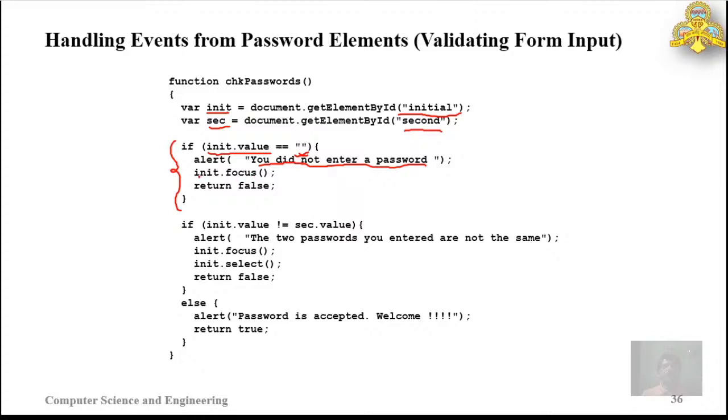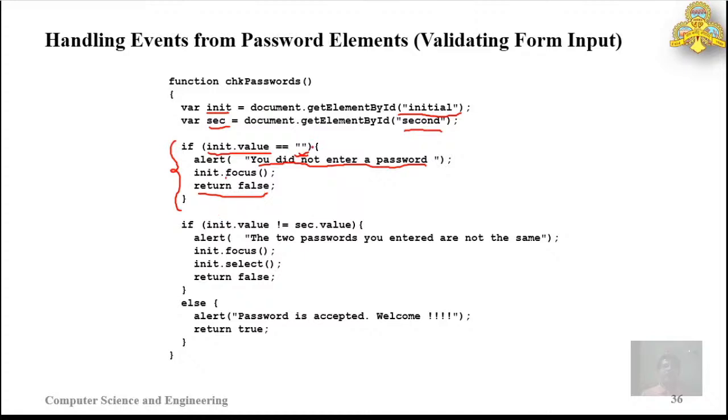Observe that init is the first text field, it will get the focus, and the function returns false. There is no need to return false for this experiment, but for larger scale or more useful logic, I need to use these values, whether the password is correct or not, that is return false or return true, depending on the logic.